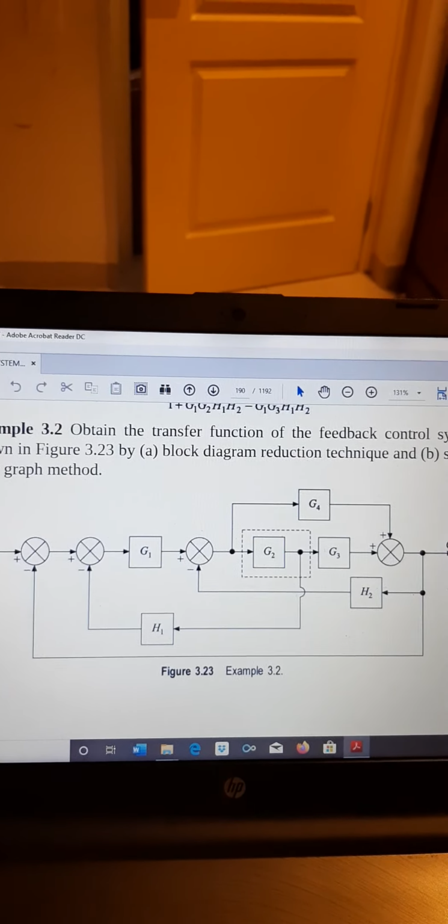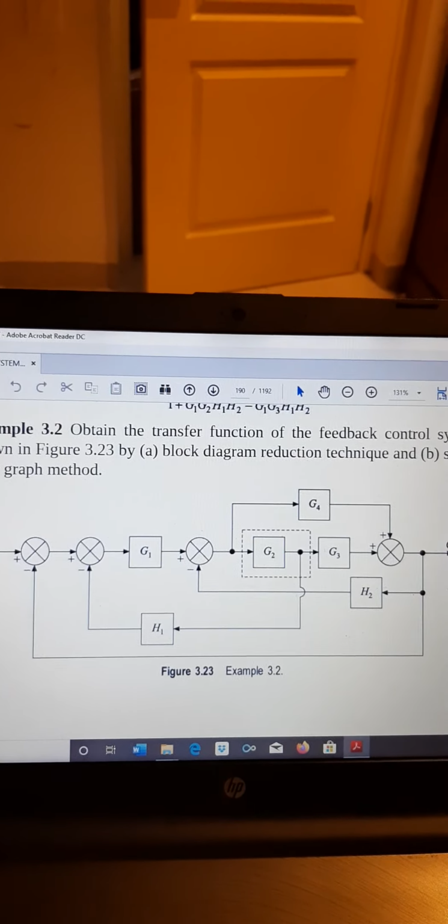So here what you need to do is, the problem with the diagram is that here there is one summation and after that a branching.